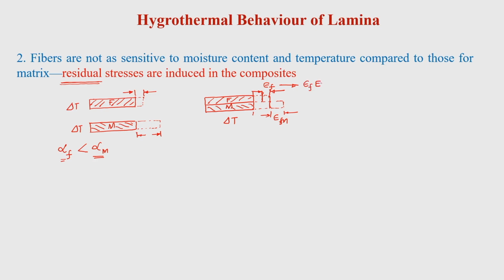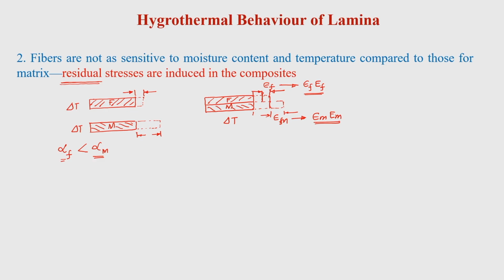If E f is the Young's modulus of the fiber, so this is the tensile stress in the fiber, and the matrix experiences a compression stress, so this is the residual stress. So, there is a residual tensile stress in the fiber, there is a residual compression stress in the matrix because of the mismatch in coefficient of thermal expansion of the fiber and the matrix. So, this is why residual stresses are induced. This is the effect of having a temperature change in a fiber reinforced polymer matrix lamina composite.